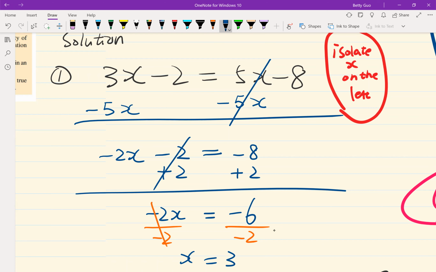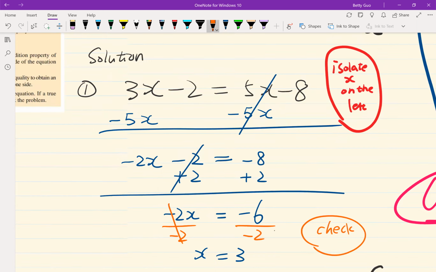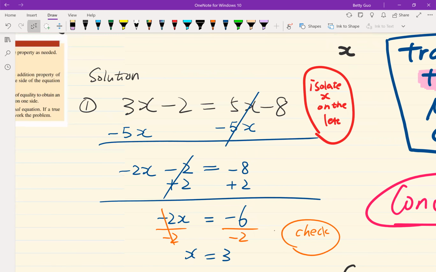You can check your result. As I said, checking is not mandatory, but it's good if you can apply it. Let's see. x equals 3, and the equation is 3x minus 2 equals 5x minus 8.